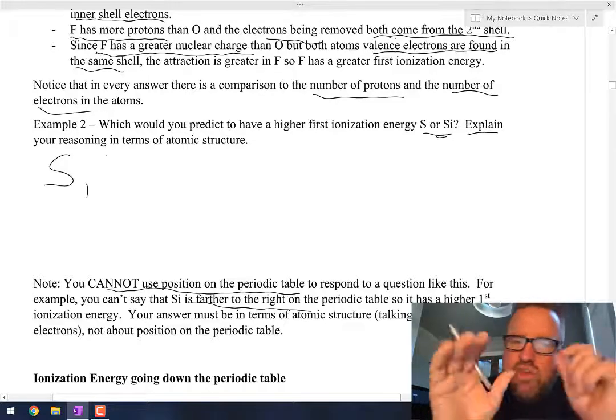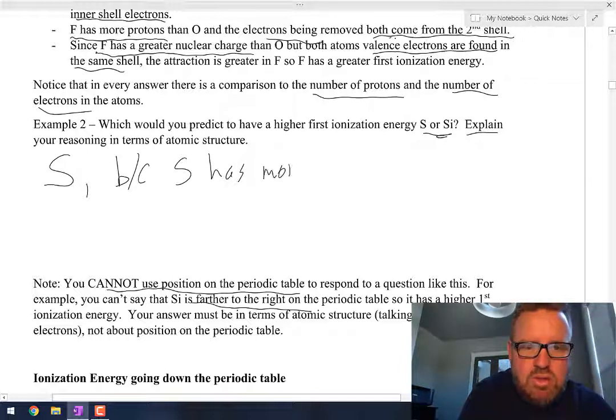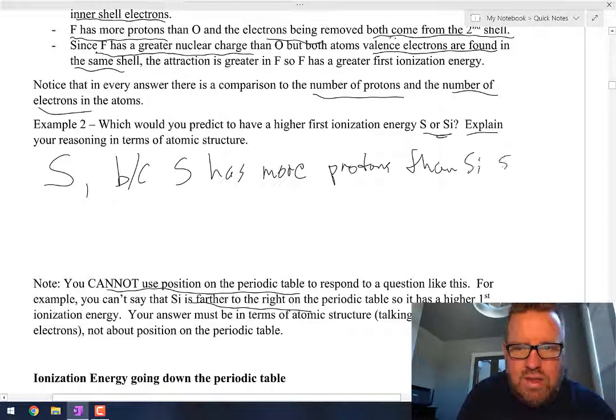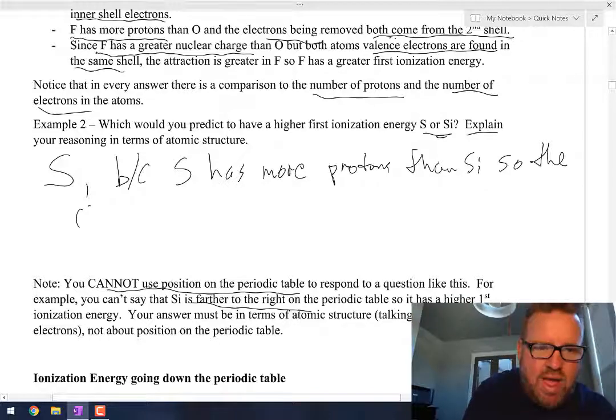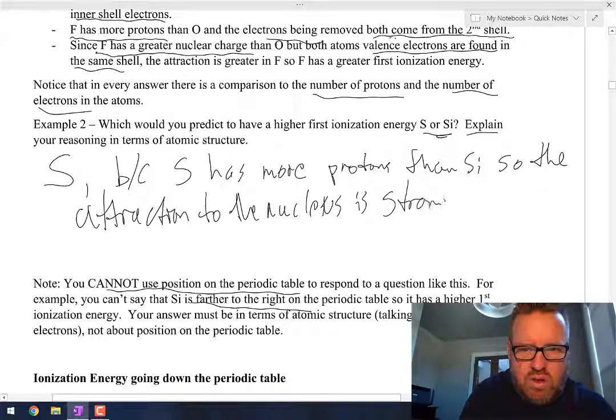Okay, and again, I'm going to try to write it as simply as I can. Sulfur, because sulfur has more protons than Si, so the attraction to the nucleus is stronger in sulfur.